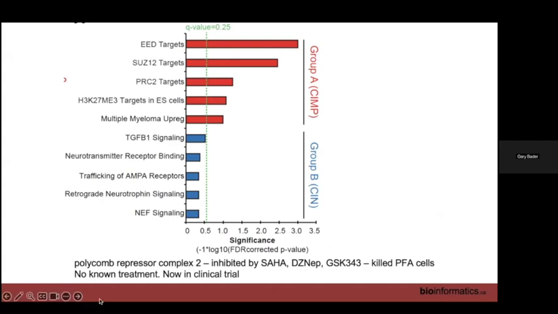So we were able to find that a bunch of chemical probes were available to inhibit the polycomb repressive complex 2, and that killed posterior fossa A cells specifically in a couple of different models. And because there was no known treatment, it was easy to start a clinical trial. Nothing to compare to.